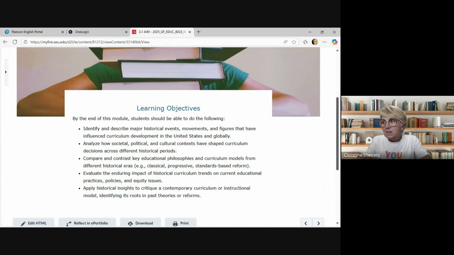Compare and contrast key educational philosophies and curriculum models, and look at the eras in our history, I should say. Some eras in our curriculum and our history have been more essentialism, some more progressivism. Different eras in our history lend themselves to a certain philosophical lens.